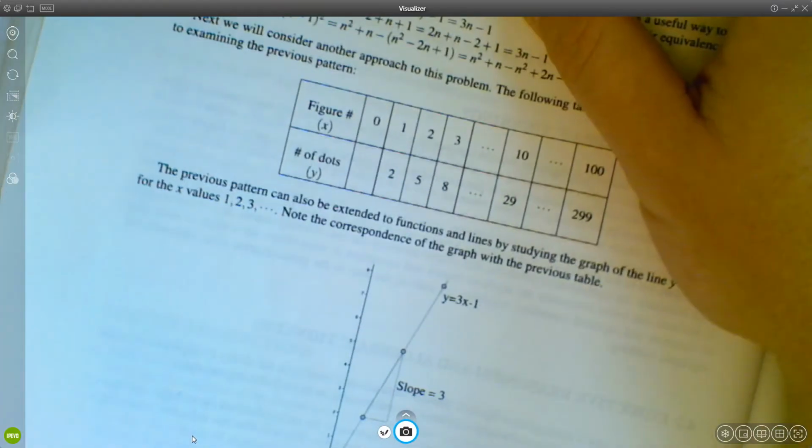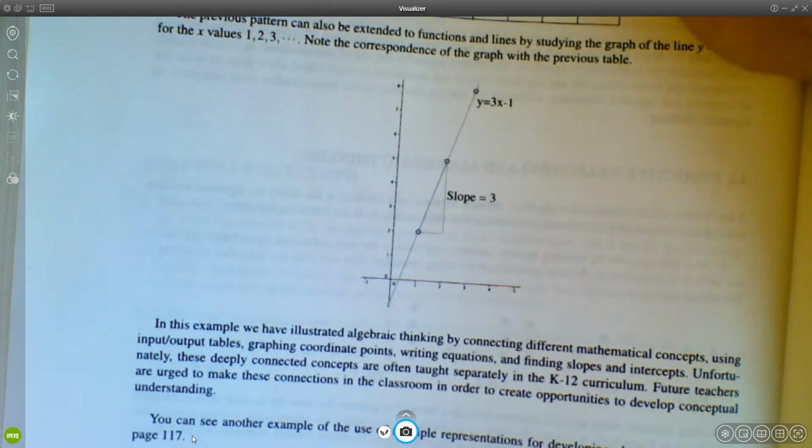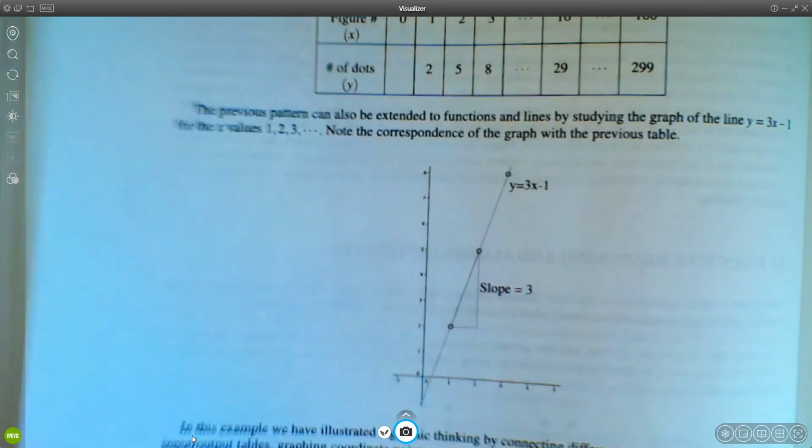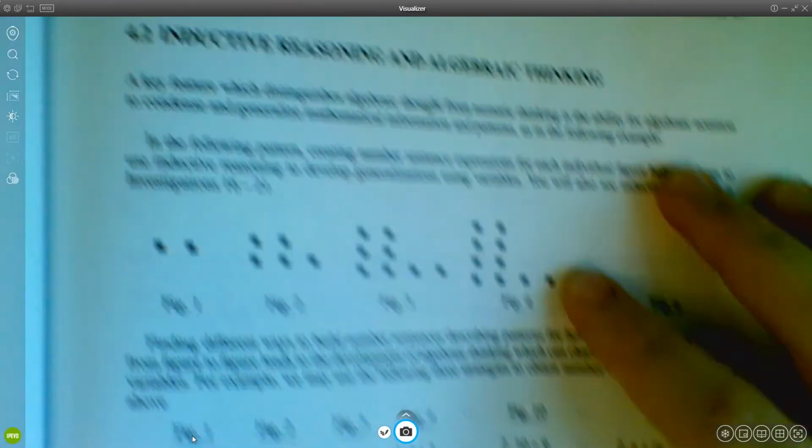The other thing that I wanted to ask you to do, and this is going to count towards your participation grade for today, is to do by the end of the day, today, Thursday, the following.